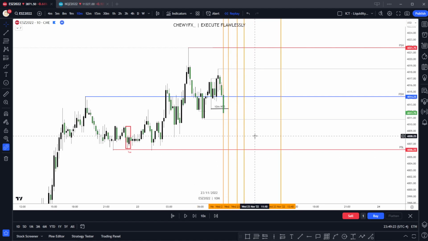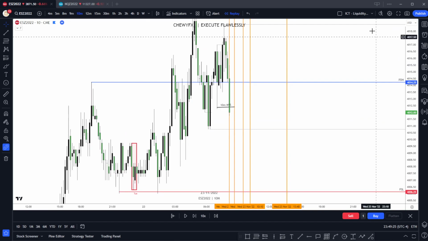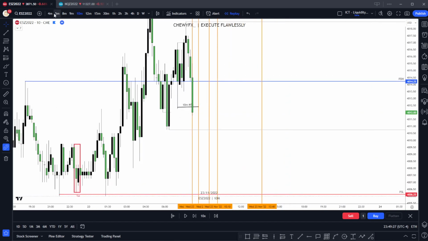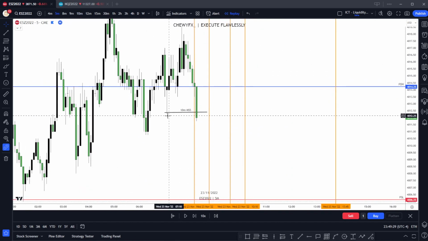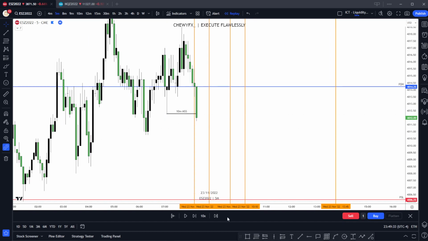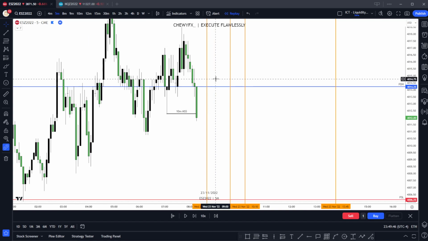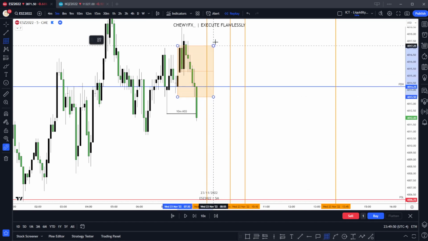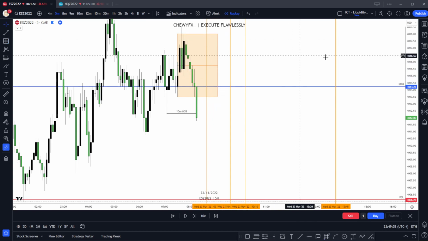Okay, we had our market structure shift, but it is unfortunately looking like the entry might happen during that news area. So if we take our fib tool and we see the market structure shift, we can see it's very strong. So we can delete this first line. I essentially don't want to take an entry until at least 8:40 a.m. So this is going to be the 5-minute order block here.